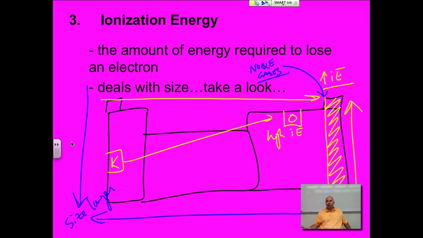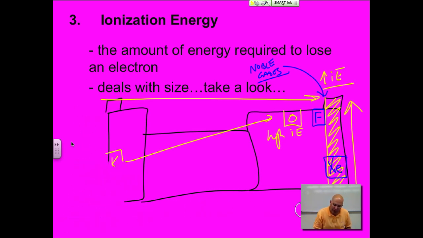They're already very stable. So even if you compared, let's say, xenon down here with fluorine, definitely xenon is larger, because it's down quite a bit compared to fluorine. But even though it's larger, its ionization energy is going to be bigger because it's a noble gas and it doesn't want to lose electrons at all.